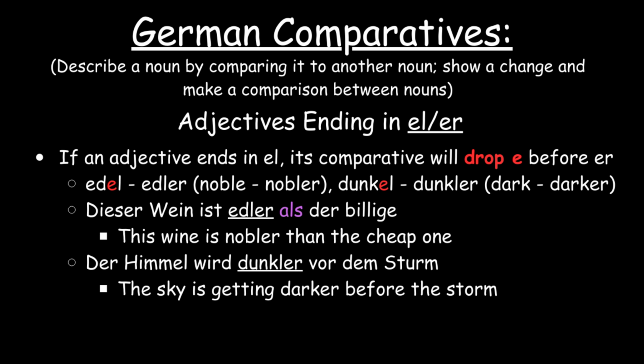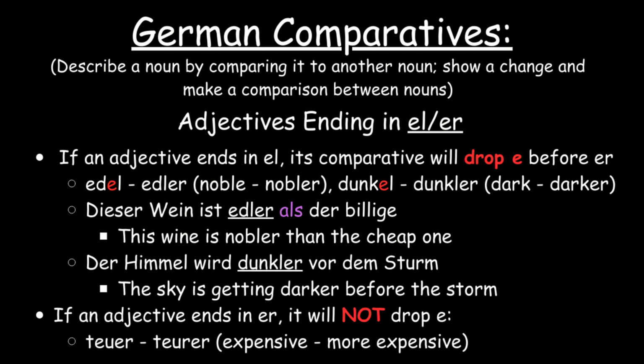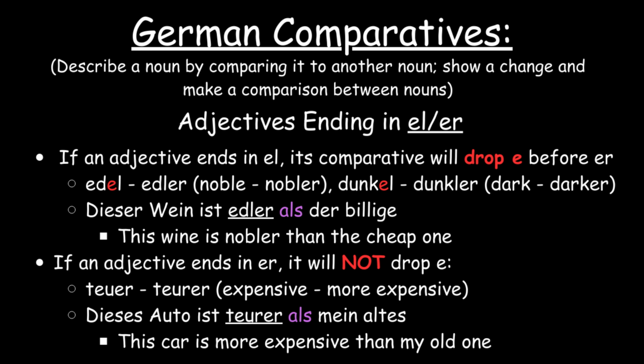Some examples are: Dieser Wein ist edler als der billige. Der Himmel wird dunkler vor dem Sturm. Oppositely, if an adjective ends in R, it usually will not drop the e, like teuer, teurer. Dieses Auto ist teurer als mein altes.